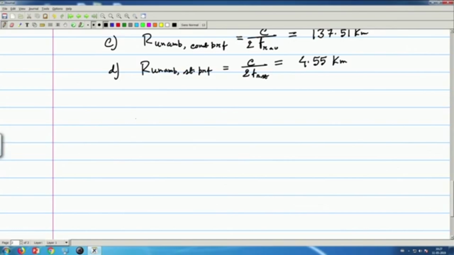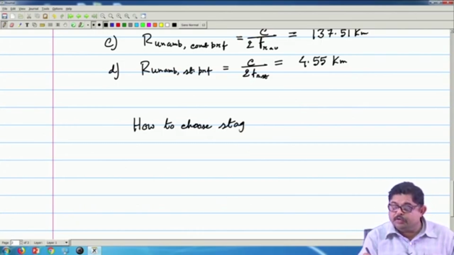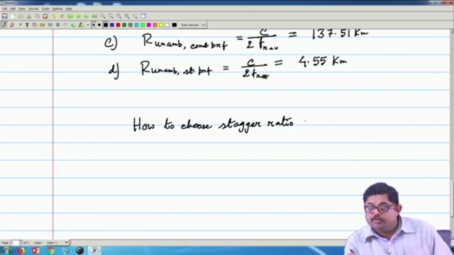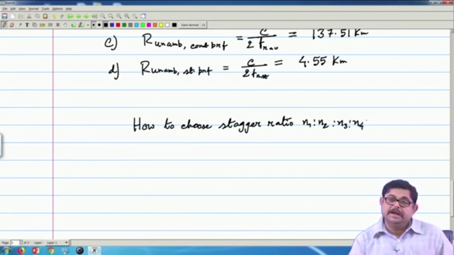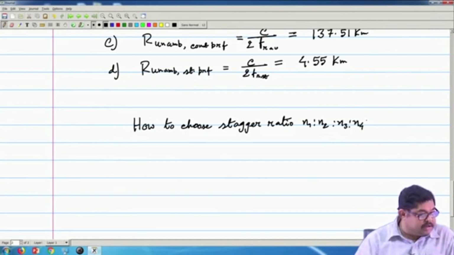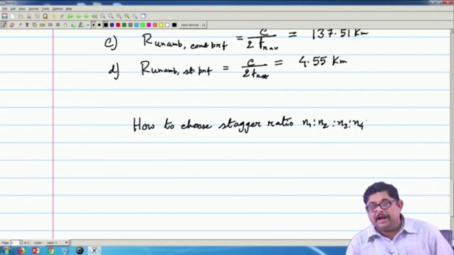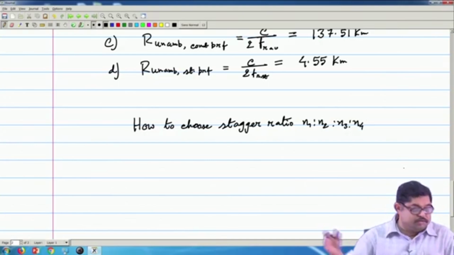Also there is another point, how to choose the stagger ratio. That means how to choose N1 is to N2 is to N3 is to N4. There are various algorithms, those are mathematical things, I am not going into those details, but generally this stagger ratio is chosen closer to unity, and that gives you good results.